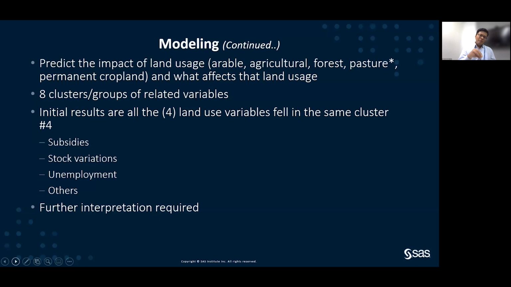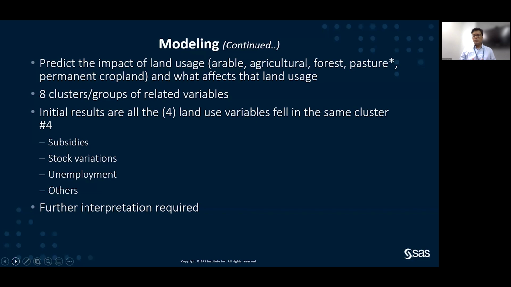So unemployment was driving the decisions of the farmers or the governments, to be honest. There are others also, but we won't go into that because we just want to stick to these main underlying factors. Of course, further interpretation is required because this is not the final interpretation. We can also experiment more and more.